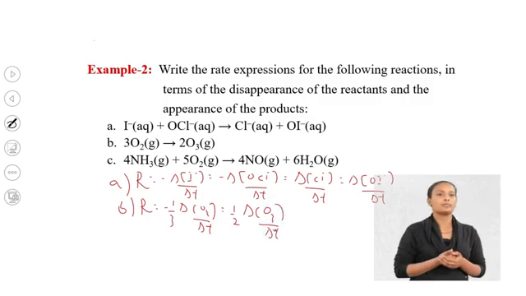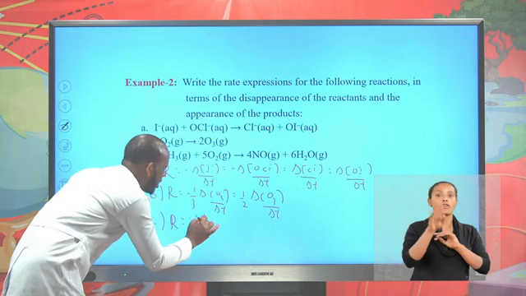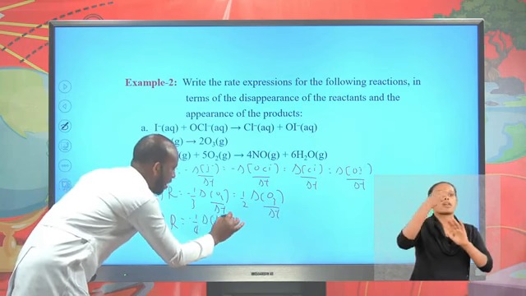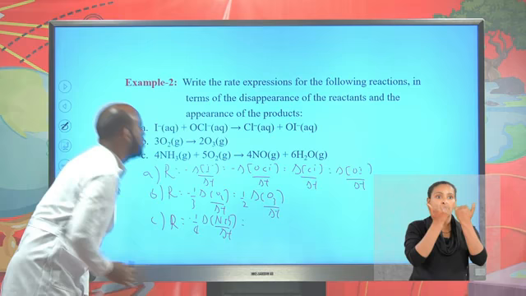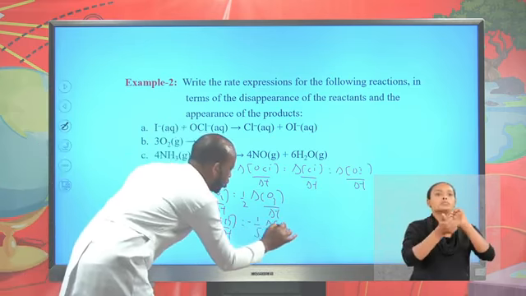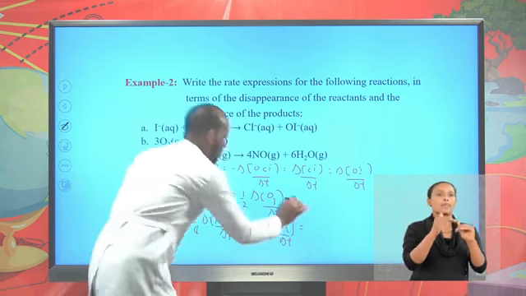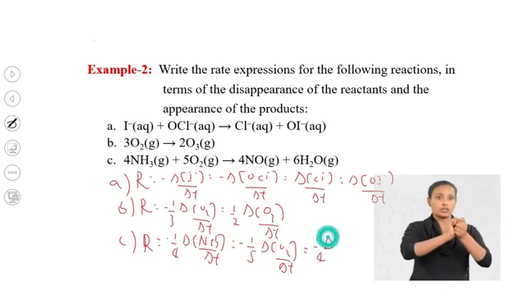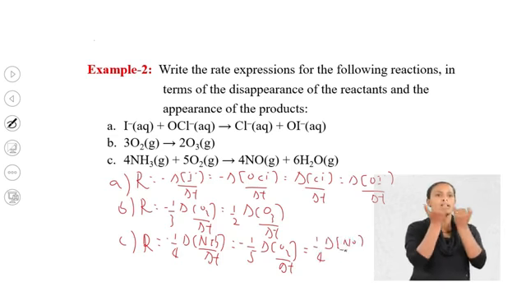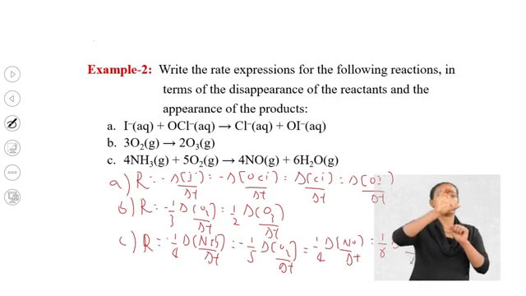C, rate equals, in terms of reactants, minus 1 over 4 change in concentration of ammonia divided by change in time, equals minus 1 over 5 change in concentration of O2 divided by change in time, equals 1 over 4 change in concentration of NO divided by change in time, equals 1 over 6 change in concentration of water divided by change in time.